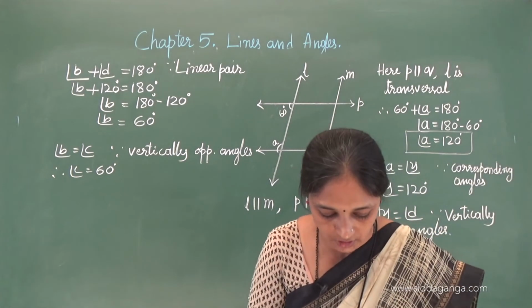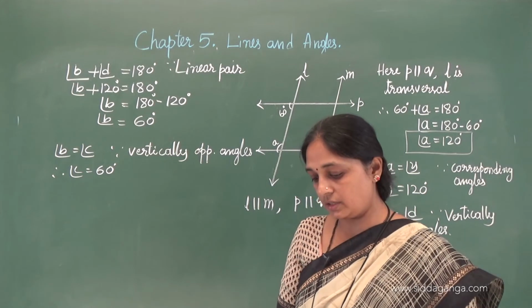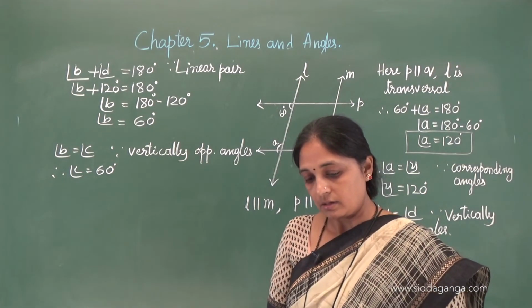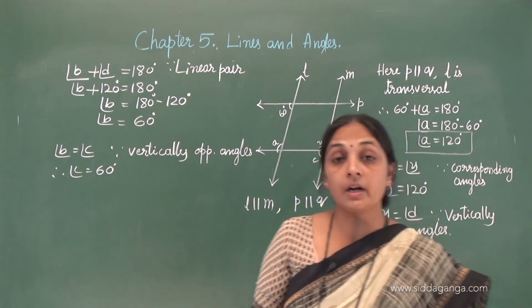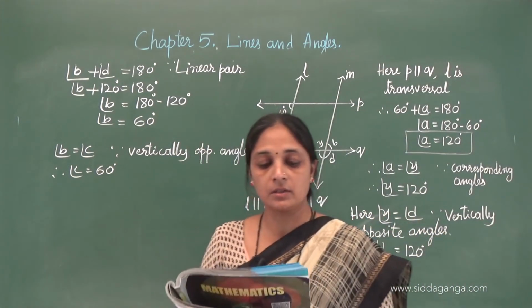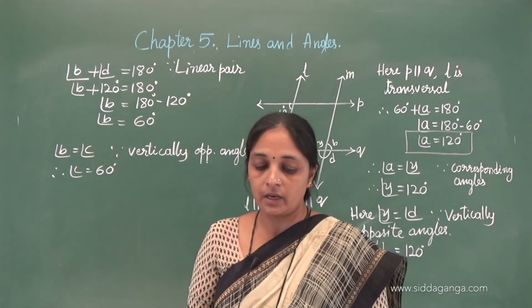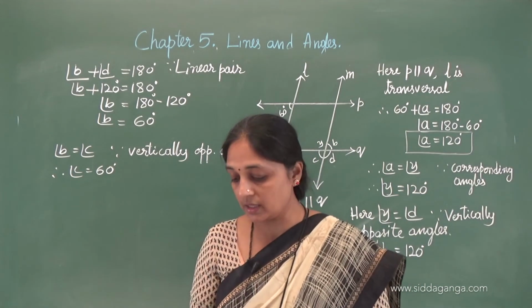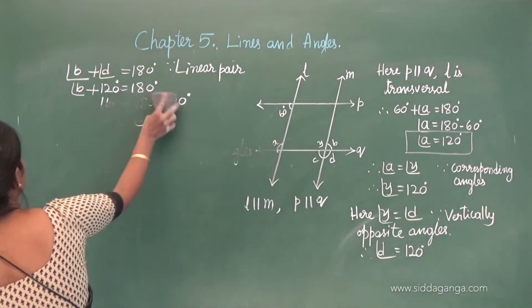So let's move to the next one. You have another one here, try this. Regarding the second statements, here L and M are parallel. They asked why the given lines are parallel.